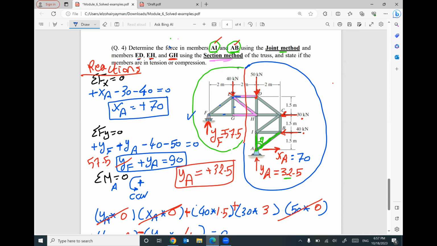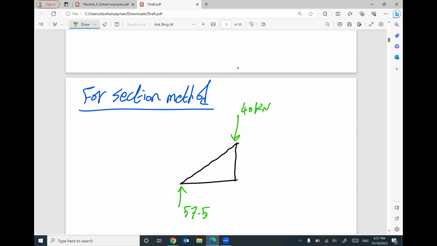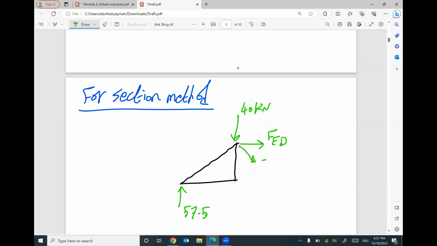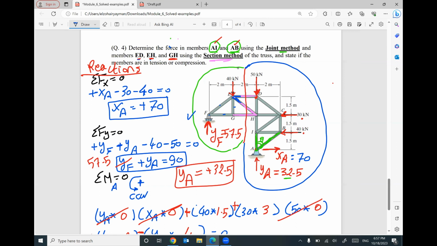Keep in your mind, I did cut in this member, so I will have a force FED. I did cut in this member, so I will have a force FEH. I did cut in this member, so I will have a force FGH.